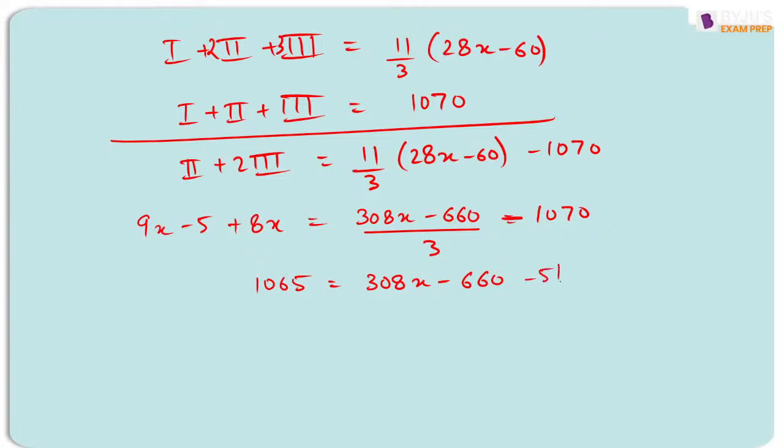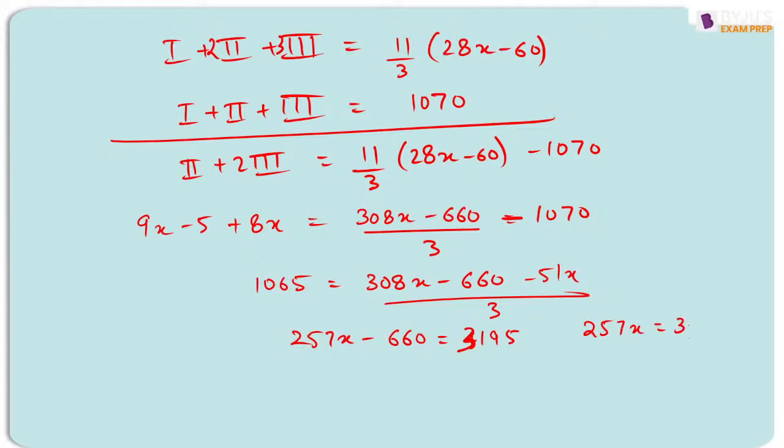So minus 51x upon 3 is this, or like let's make it this side, 257x minus 660 will be 3195. 65 into 3 is 195. So this gives 257x is equal to 3865. x की वैल्यू कितनी आएगी?